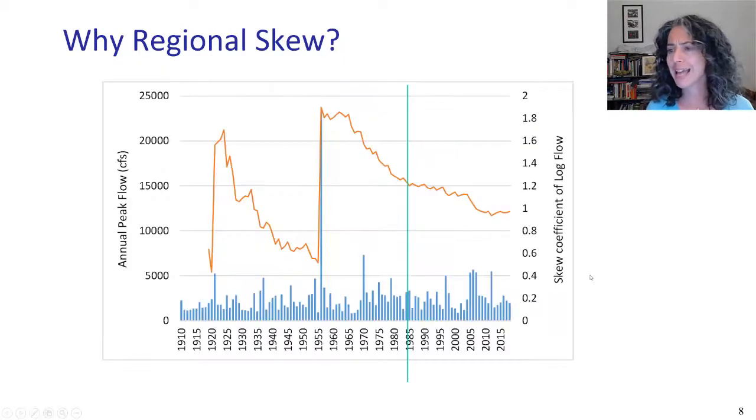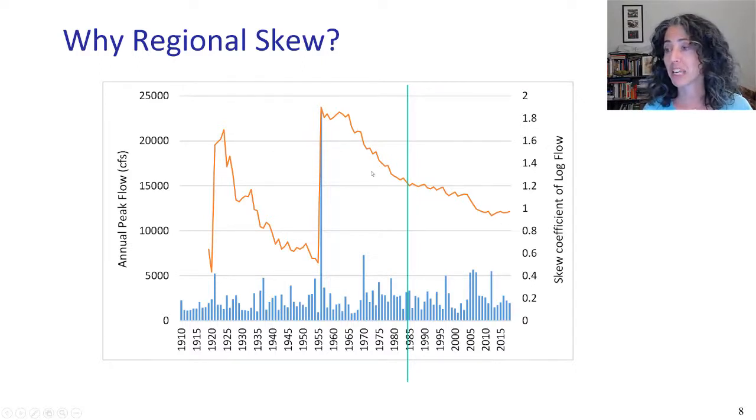And I went ahead and continued this data set. That went until 1983, and so I downloaded the data through, this looks like about 2017 or 18, and the computed skew coefficient from the sample does continue to go down and ends up around a 1.0 at the time I made this figure. I'm still not that confident that we have an accurate skew coefficient for this watershed.